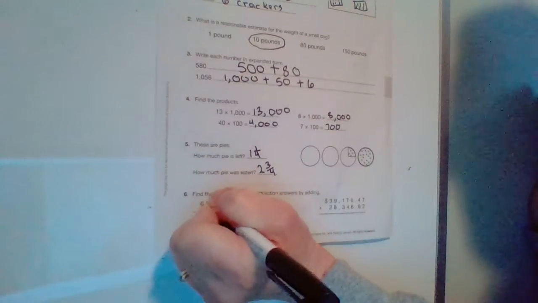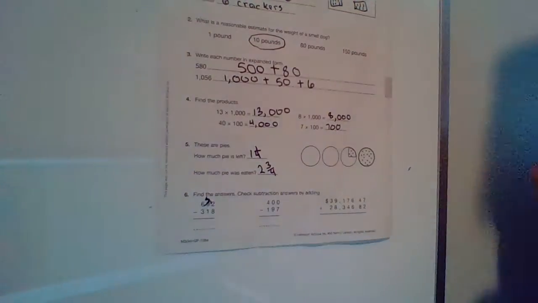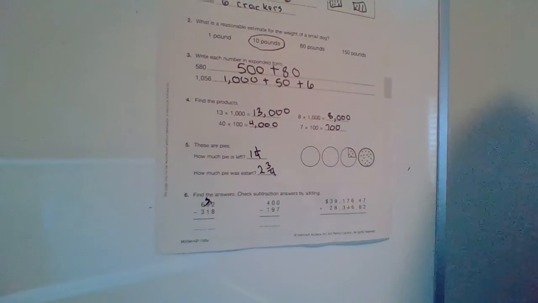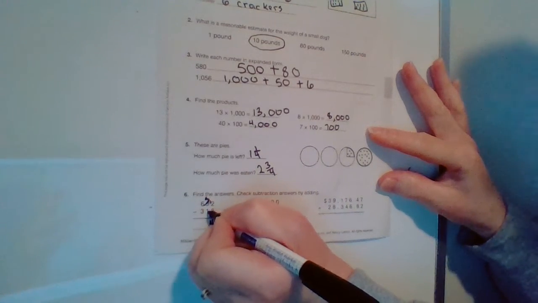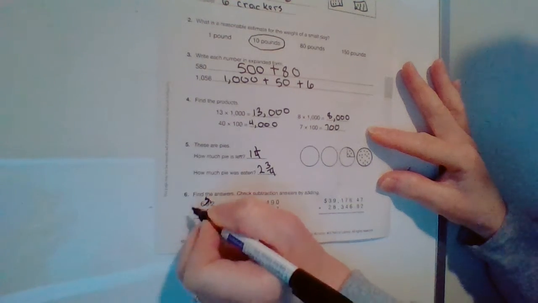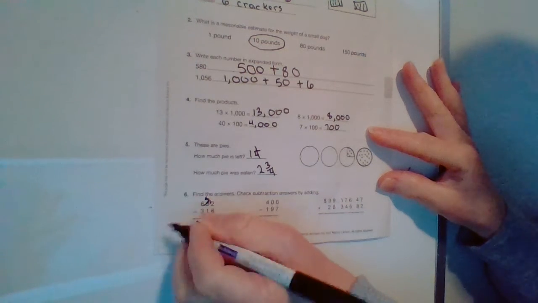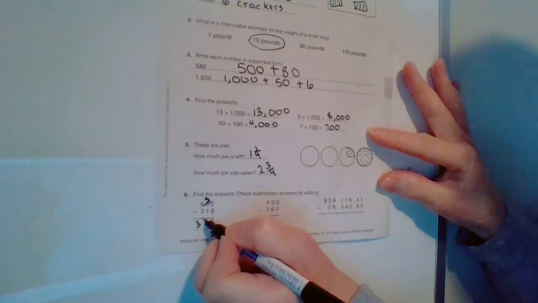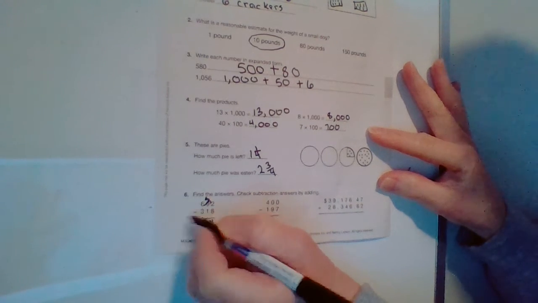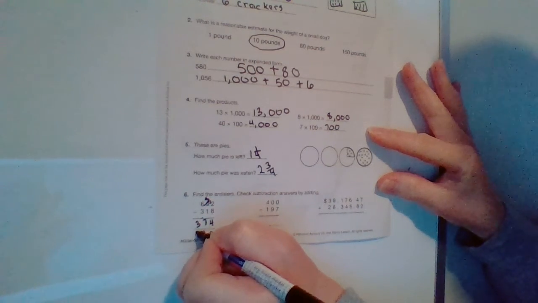So we're going to cross off the 9, put an 8, carry the extra 10. Now we have 12 minus 8, and 12 minus 8 is 4. 8 minus 1 is 7. 6 minus 3 is 3. To check it, 8 plus 4 is 12. 7 plus 1 is 8, plus 1 is 9. And then you have 3 plus 3 is 6.